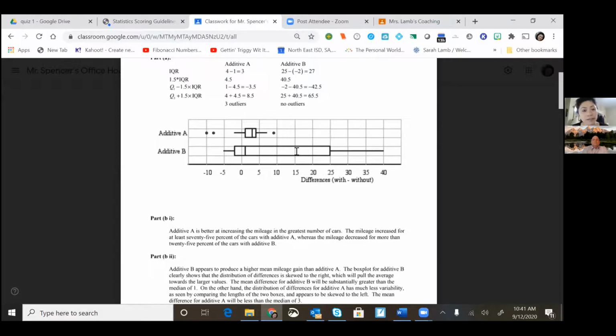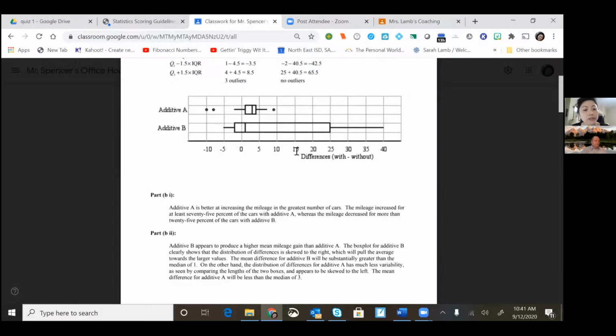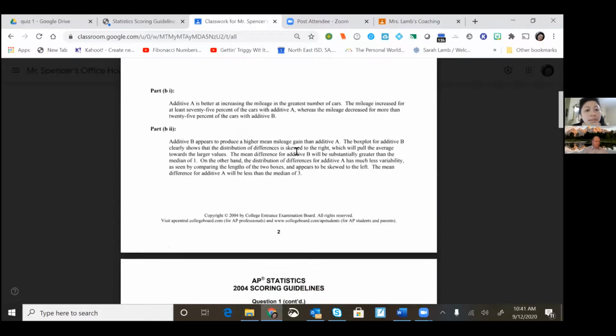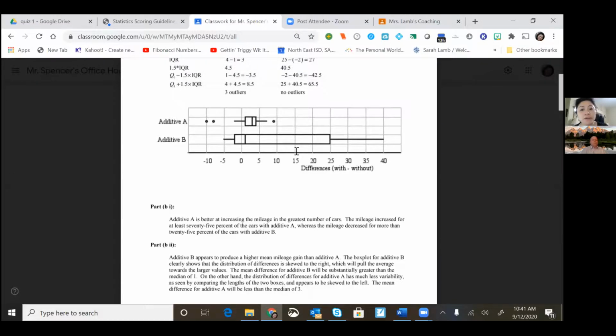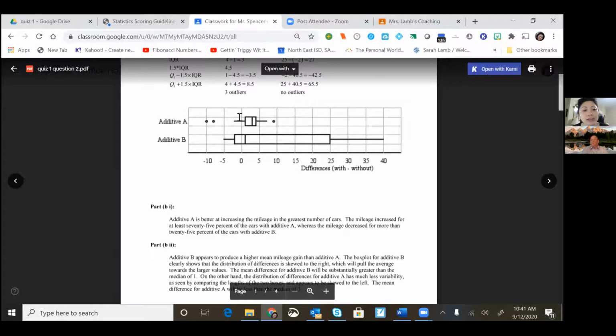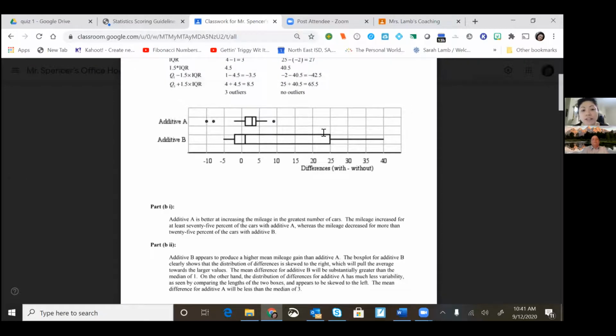You got no credit. For the second part of part B, when they're looking for the higher mean mileage, you had to justify additive B using either the fact that the outliers bring down the mean for additive A, or that the skewness of B raises the average for additive B. So basically you're justifying with shape.